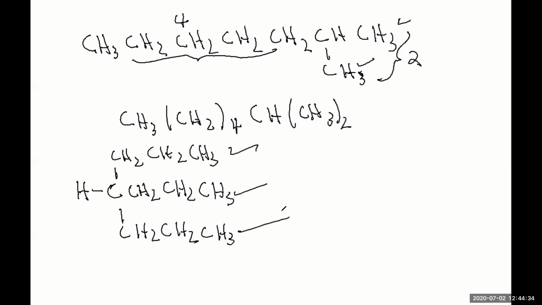This is a propyl group. So what you can do is take this middle carbon and just write CH, then CH2, CH2, CH3, and then write 3. So we can write even more condensed abbreviated forms of these condensed structural formulas using parentheses and subscripts.